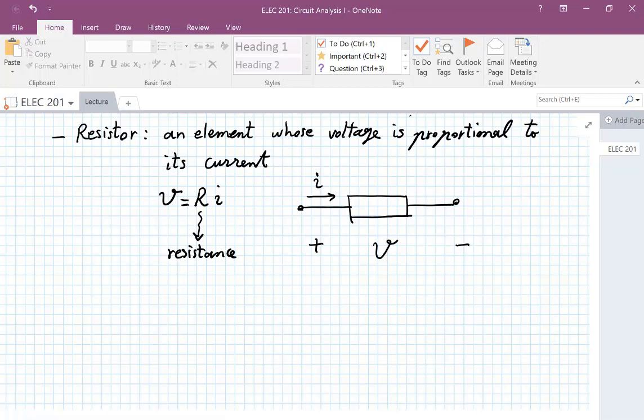And I ask you guys to keep reminding yourselves of. I'll make this point and we'll take a break. I've shown the current with this arrow going from left to right. That does not mean that the current in the circuit is going from left to right. Okay?